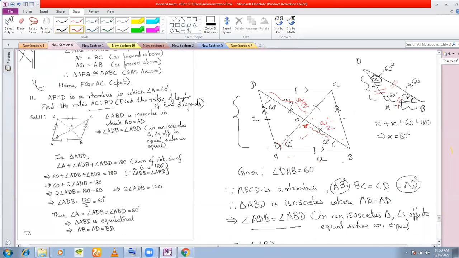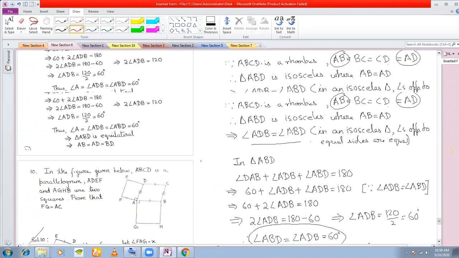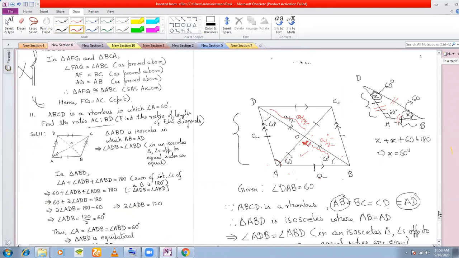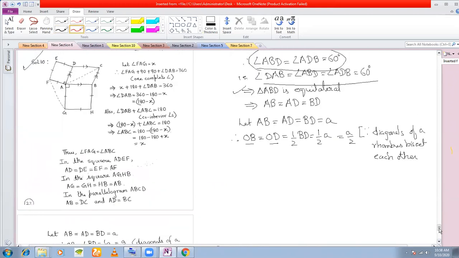Also, we'll say that AC is perpendicular to BD. That is, this angle is 90 degrees. This one. That is what we are going to write.